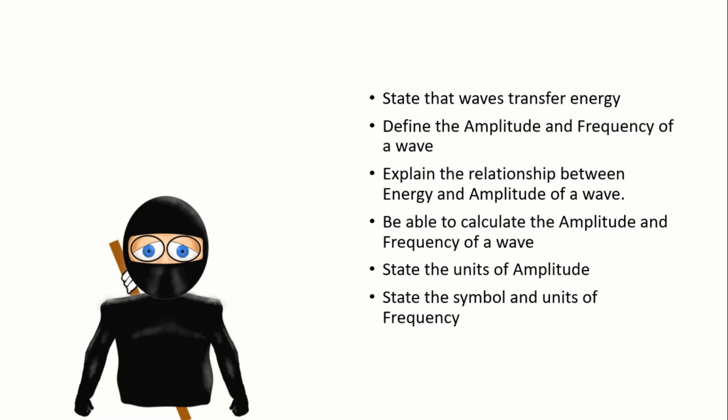The greater the energy of a wave, the greater the amplitude. You should be able to calculate the amplitude and frequency of a wave from a diagram or a basic question. The unit of amplitude is the meter, and small f is the symbol for frequency, and it is measured in hertz.